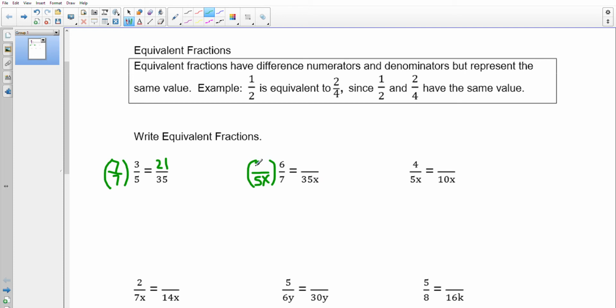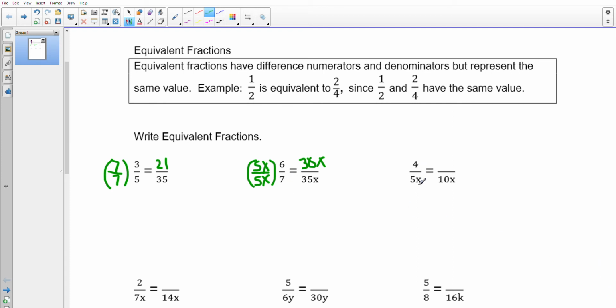Therefore, I have to multiply the numerator by 5x as well. So when I multiply across the numerators, I'm left with 30x over 7x. And you'll recognize that if I reduce the fraction on the right, it's going to give me 6/7.